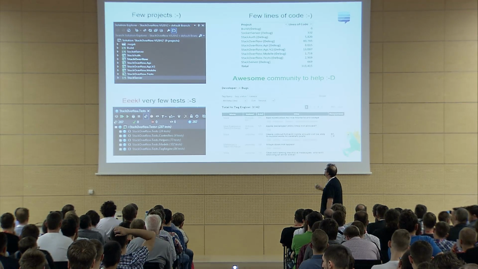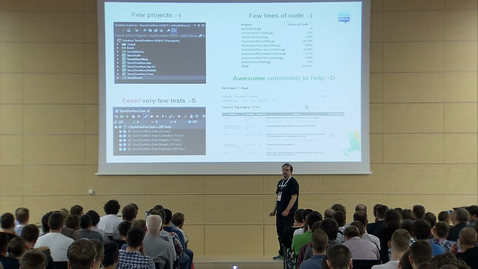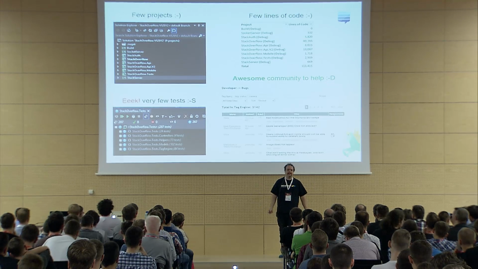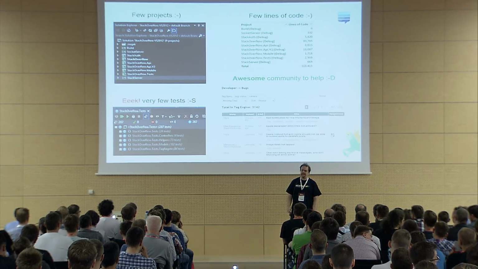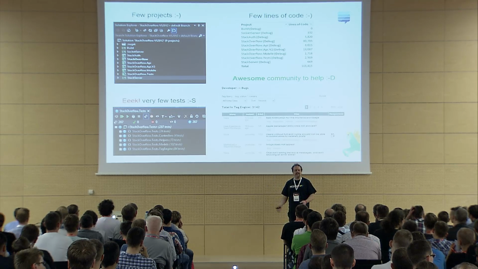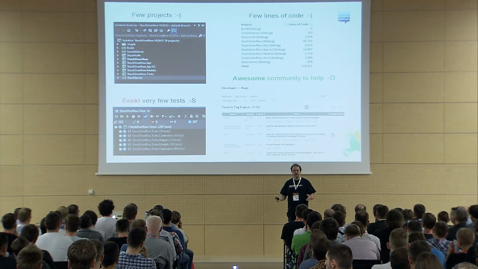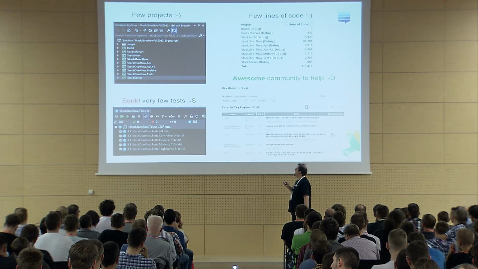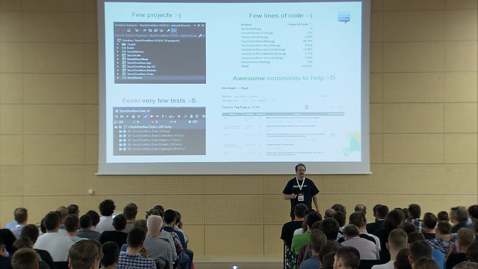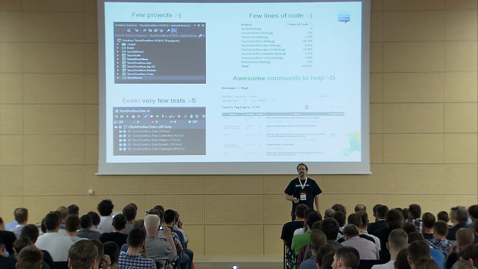But we have a great community to help. So who are our users? They are developers. Who is a better tester than developers? So we created this canary site, our users, so developers go there, find the bugs for us, and mention them, and then we get all the bug reports. That's way better than automated testing.